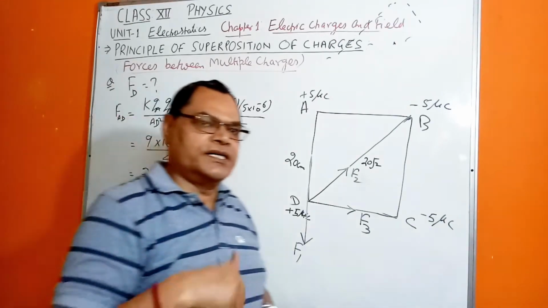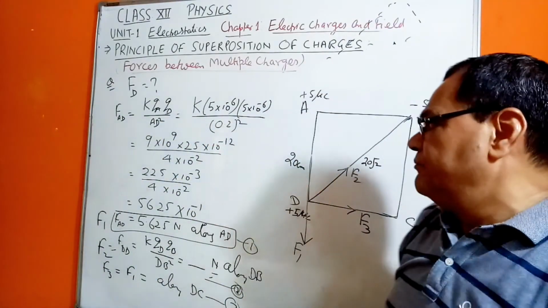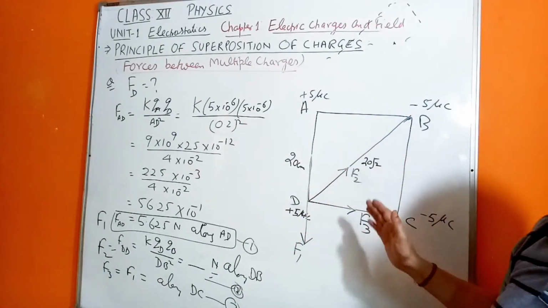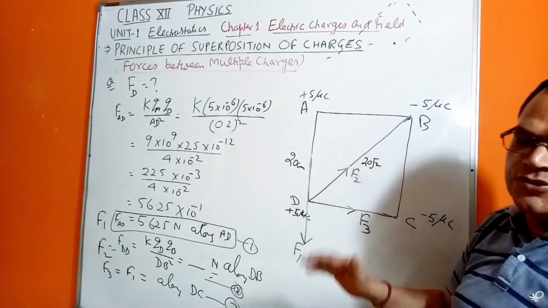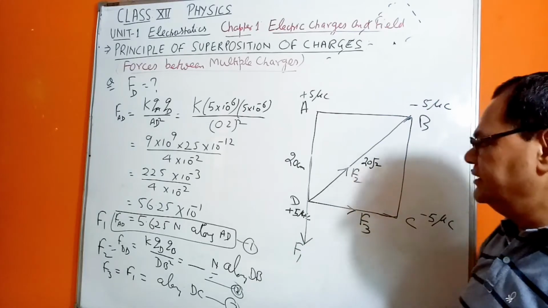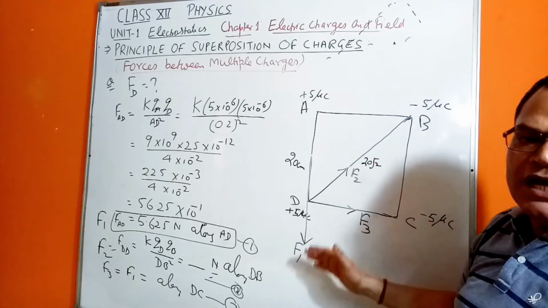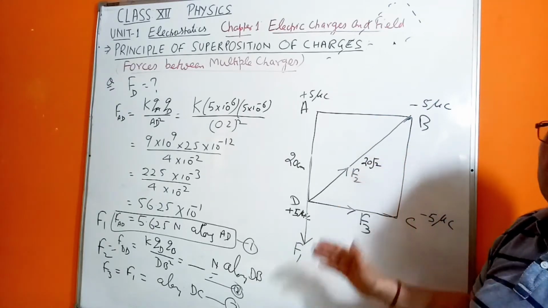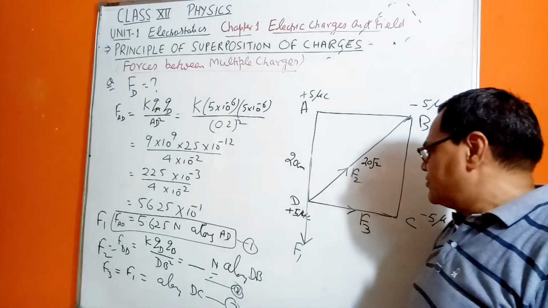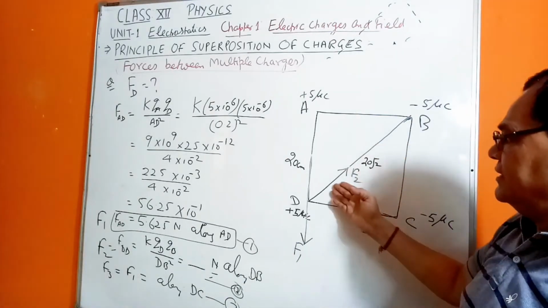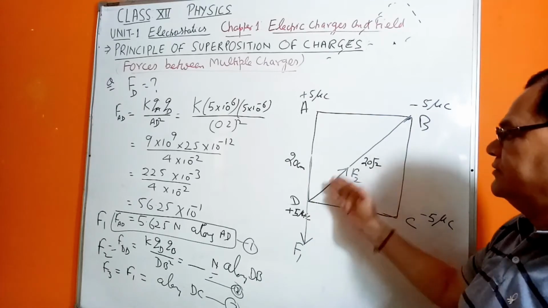Now what to do? What is the next step? Because these three forces are in three different directions and force is a vector quantity, we cannot add them algebraically. We have to add them vectorially, right? So how to add? There are three directions, 1, 2 and 3.